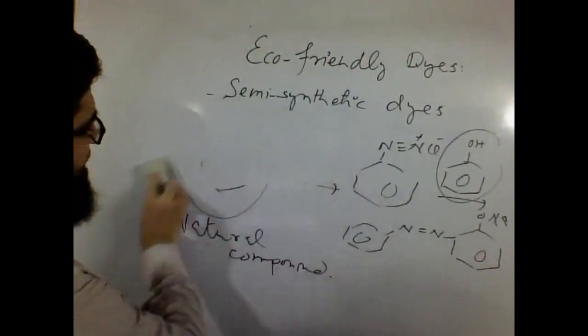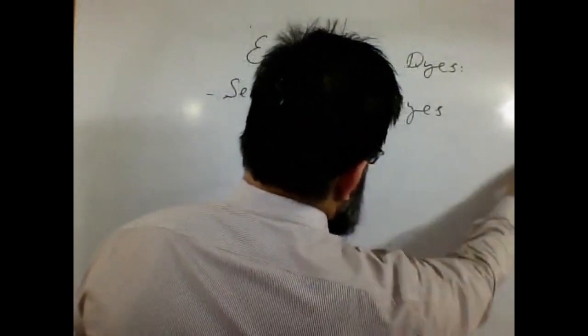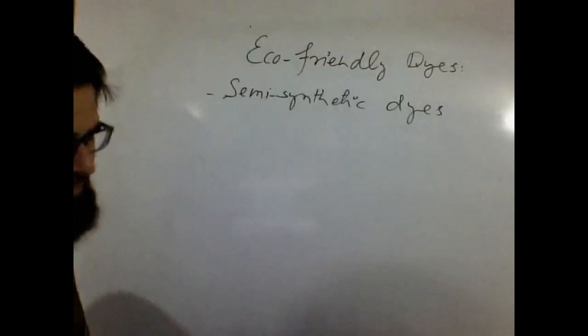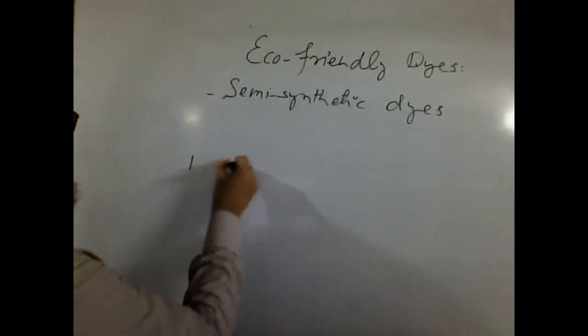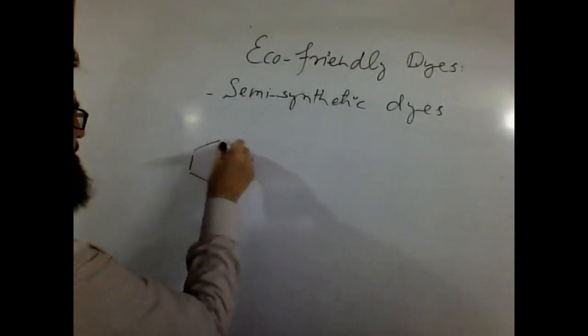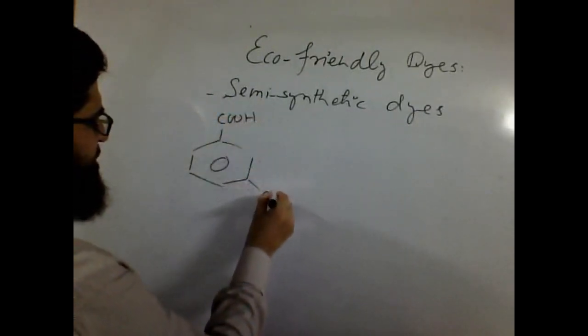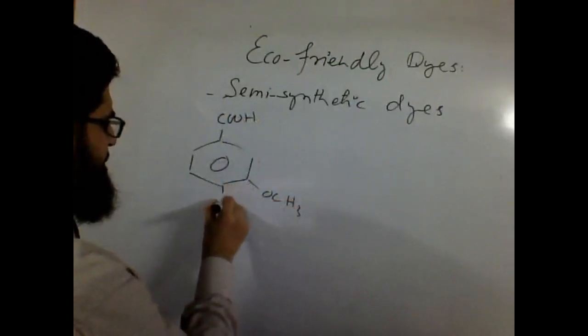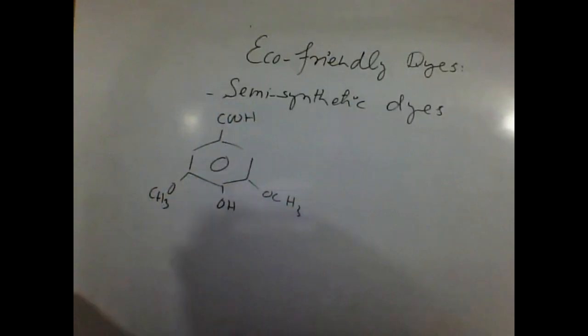In the last lecture I gave you a very practical example available in literature where people have used some available compounds. Some of my Indian colleagues have used syringic acid. This body is called syringic acid. They have used it as a coupler.